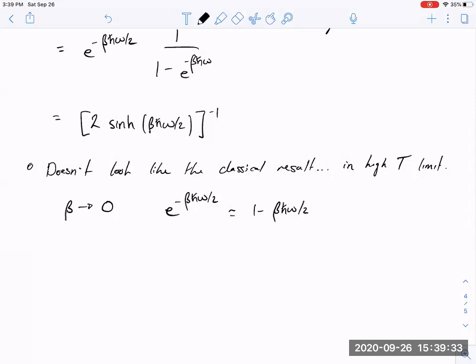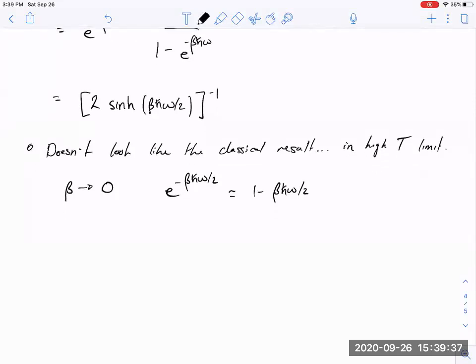If I Taylor expand the denominator analogously, I will find that to leading order, quantum mechanically, I have 1 over beta h bar omega. That's just what it is, just a number. The energy scale h bar omega in units of kBT.